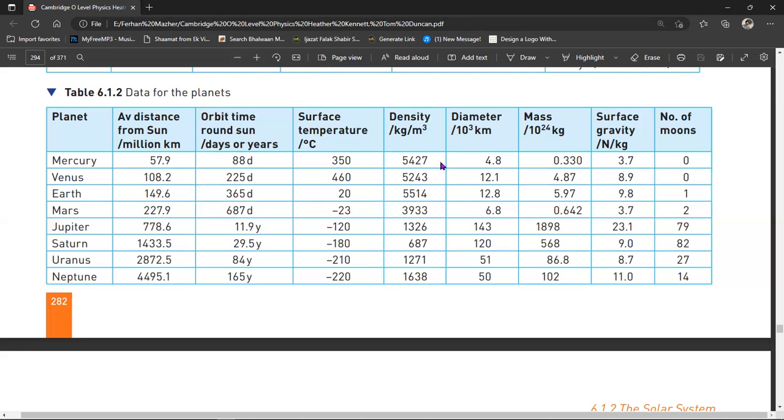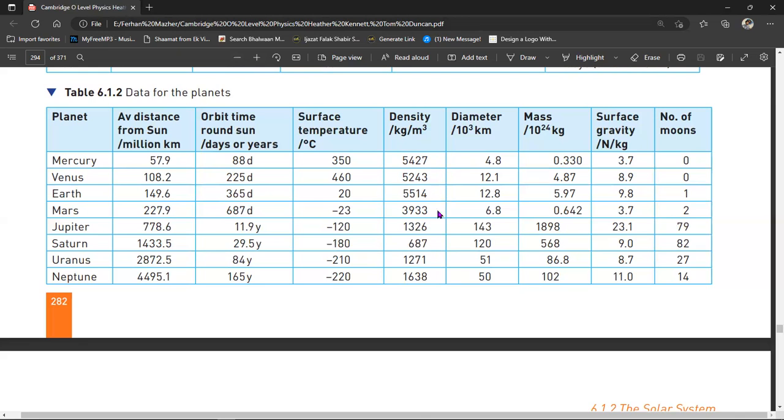The density is in kg per meter cube. Mercury is 5427 kg per meter cube. Venus is 5243 kg per meter cube. The Earth is 5514 kg per meter cube.